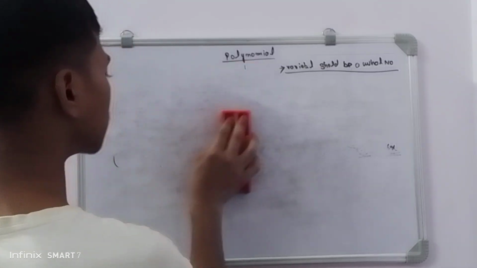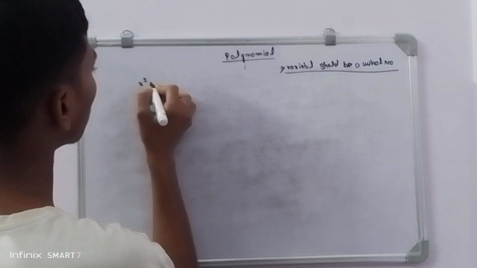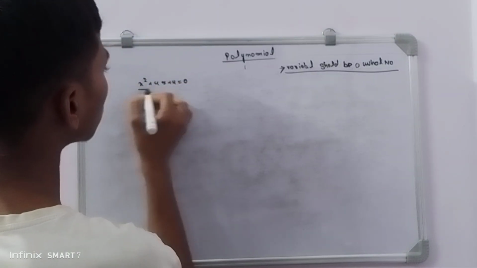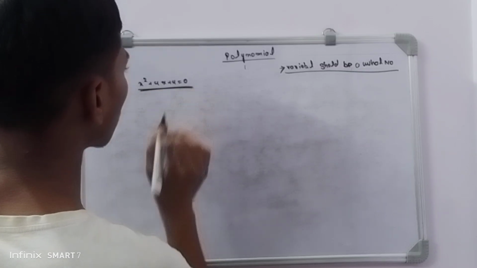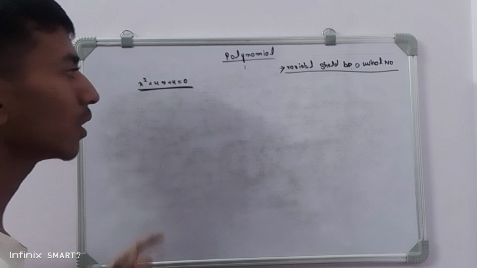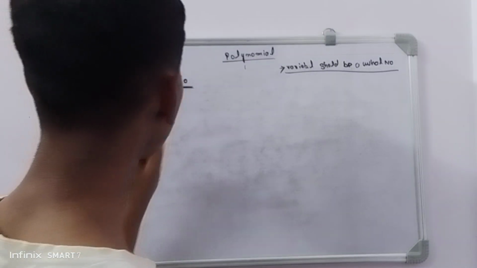For this, let's suppose a quadratic equation x square plus 4x plus 4 is equal to 0. This is a quadratic equation, and it is a trinomial on the basis of the number of terms.